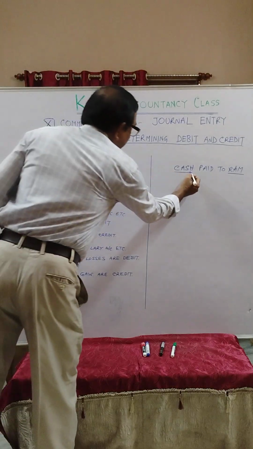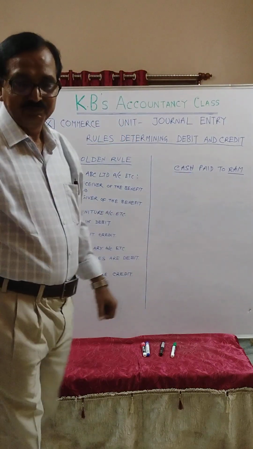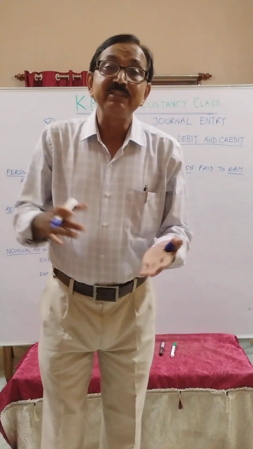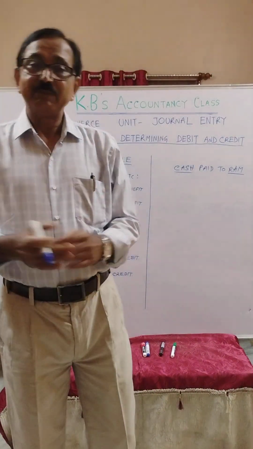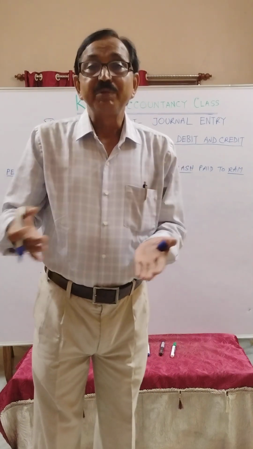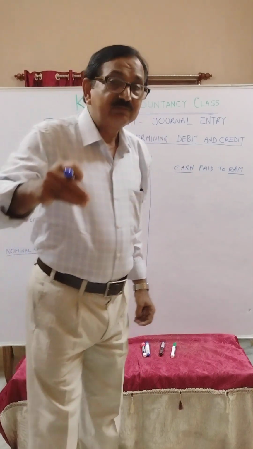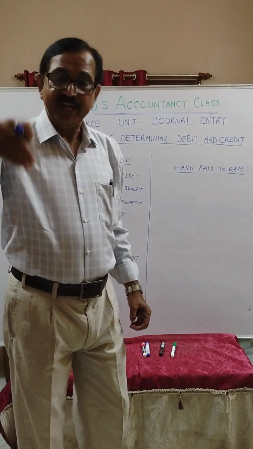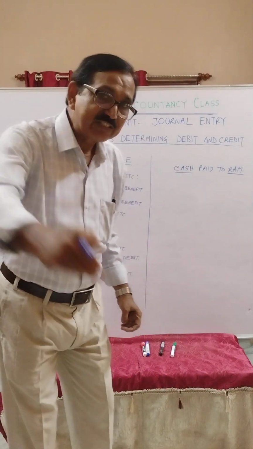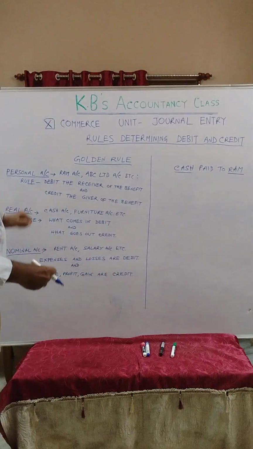So, cash is nothing but a thing, a thing which can be measured in terms of money. Furniture is also a thing, which can be measured in terms of money. Any type of thing, any type of object, any type of asset is called a real account.